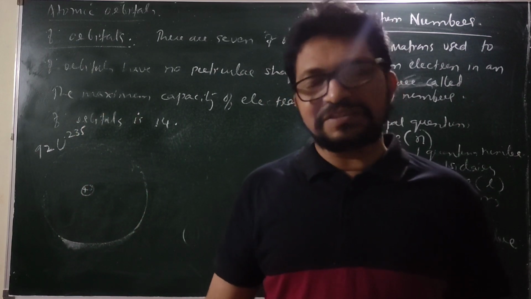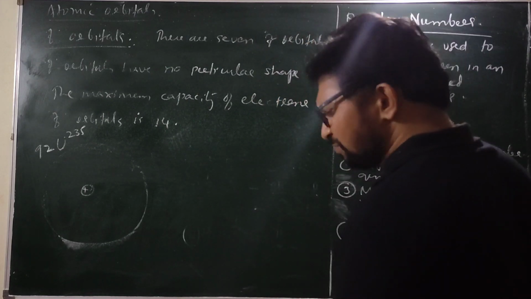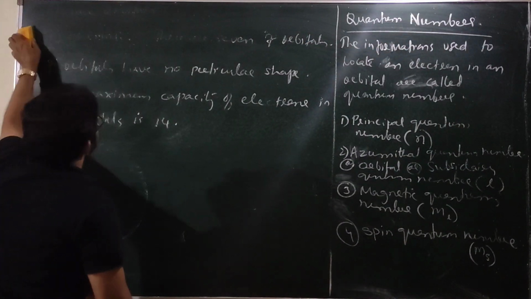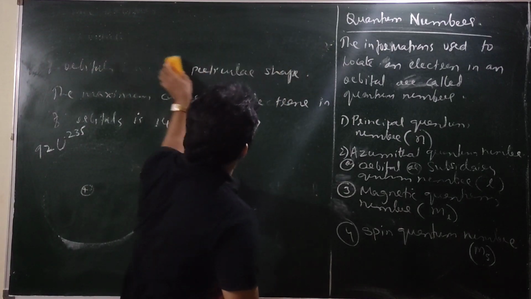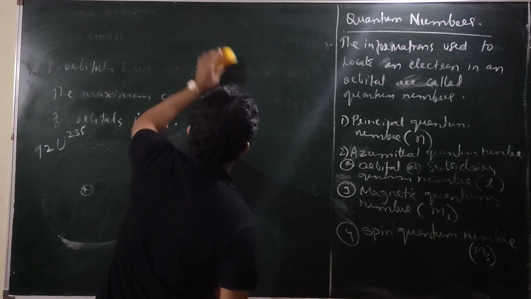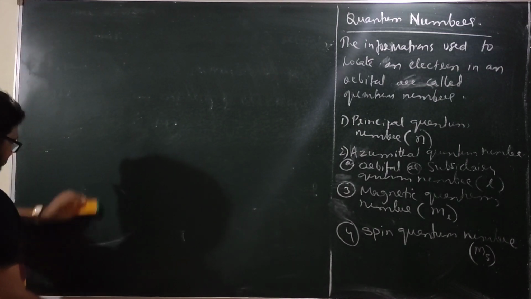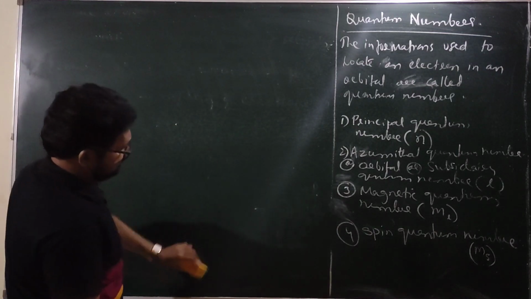So what are these quantum numbers? It is a 4 mark, very, very important question I am discussing now, students. The most important part is the structure of atom chapter. For 4 marks, many of the times this question is asked.